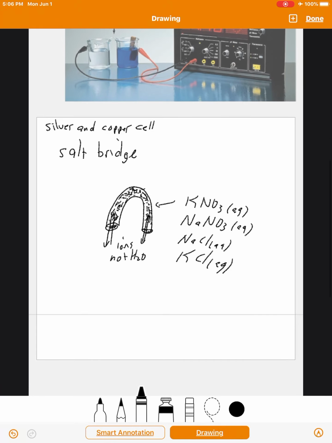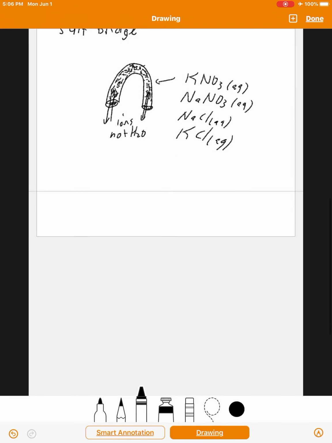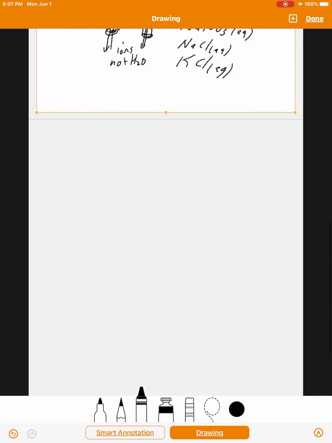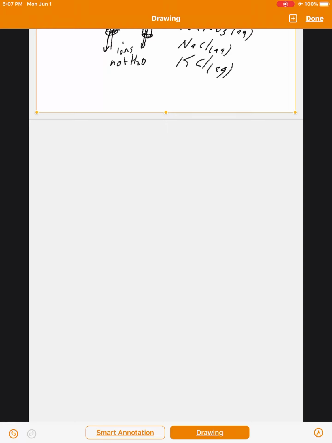So by connecting those two containers with a salt bridge, that allows electricity to continue flowing until the reactions have gone to completion.